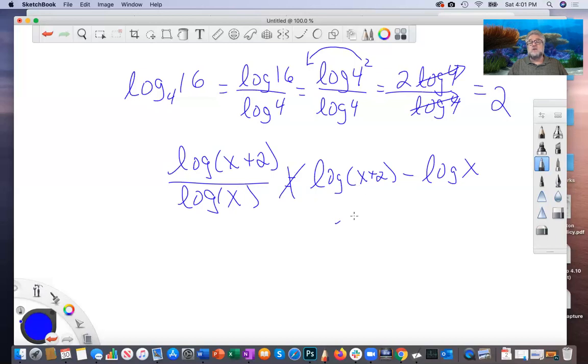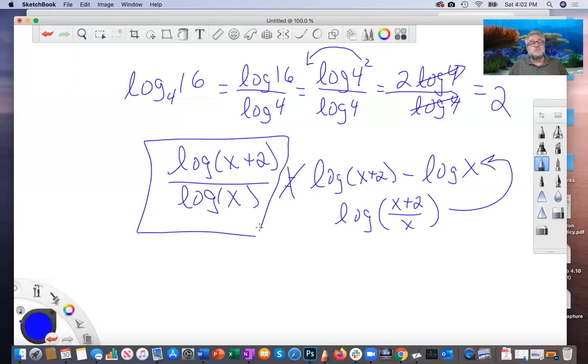If you wanted to do this, it would have to be written log of x plus 2 over x. And then the quotient rule would let you write it like that. This thing here, you can't simplify anything. You can't do anything. That's just what it is. And you can't change it. Okay, you cannot cancel log functions.